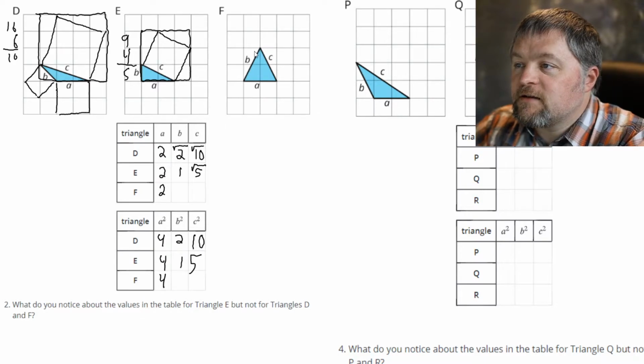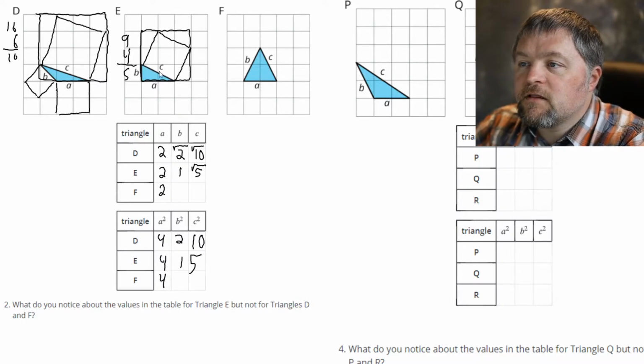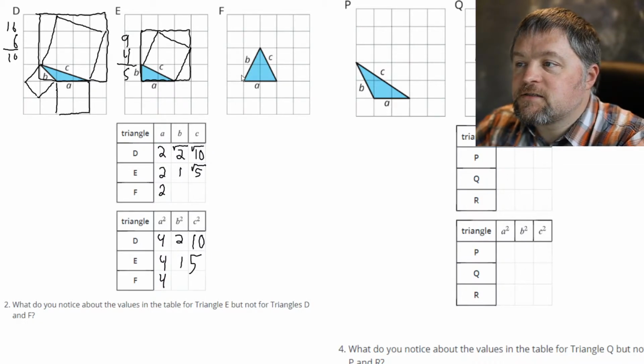Now, coincidentally, we already know that if a length goes down 1 over 2, this is the square we would be drawing. We've already done this.